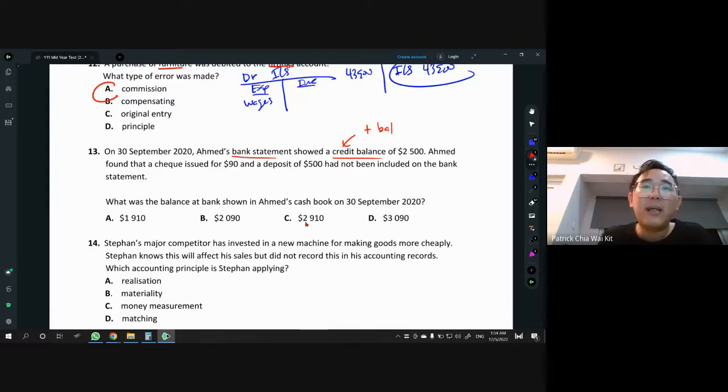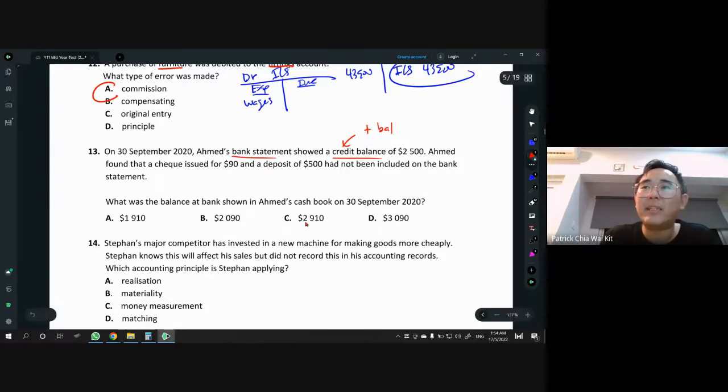So they're asking the balance at bank shown in Ahmed cash book. So how to do this? Technically, you need to know what is check issued and deposit not included in the bank statement. Like, yeah, there are these two things, but they haven't shown in the bank statement yet. So these are called amount not yet credited and unpresented check. Now, which one is ANYC? Which one is unpresented check?